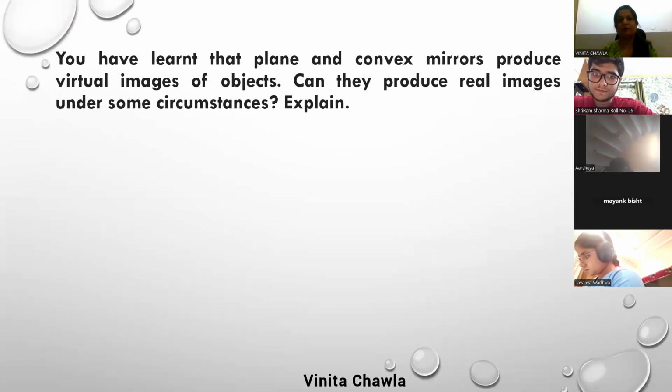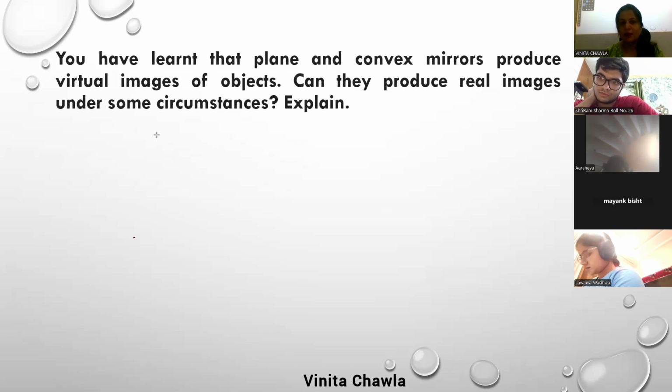Yes, please read this question. You have learned that plane and convex mirrors produce virtual images of objects. Can they produce real images under some circumstances? Explain. How will you do it? Ma'am, yes please.